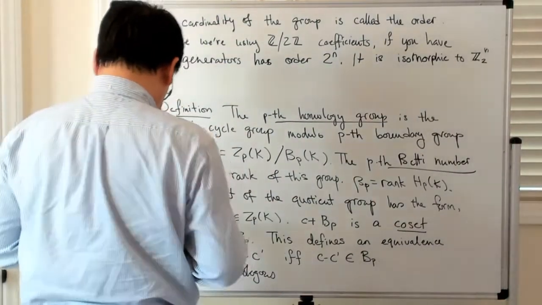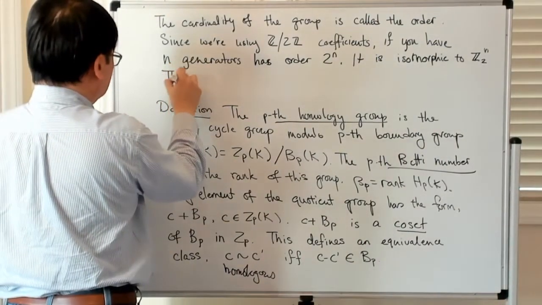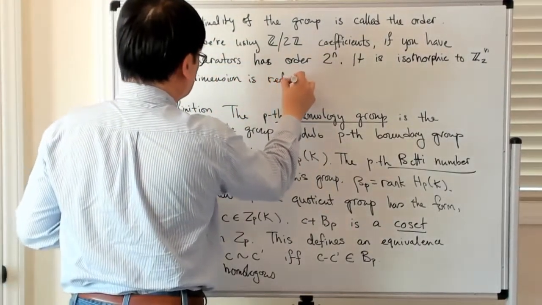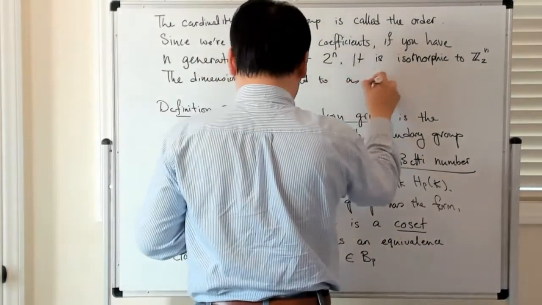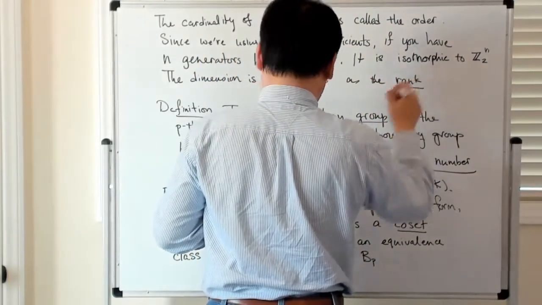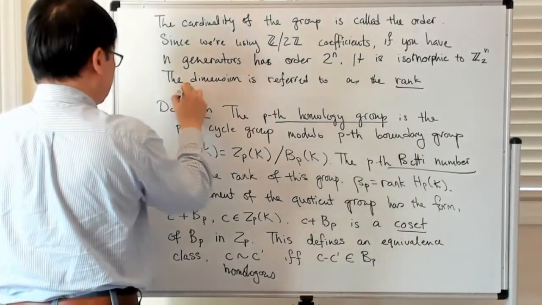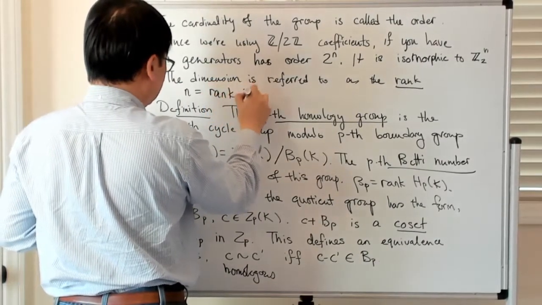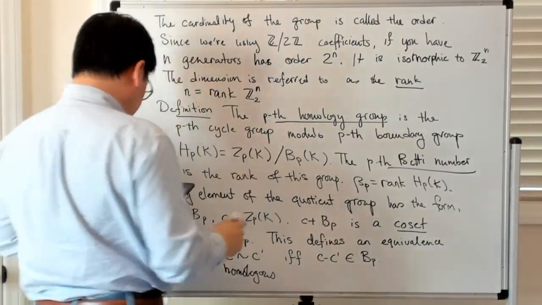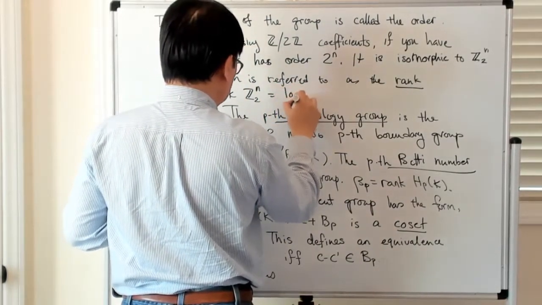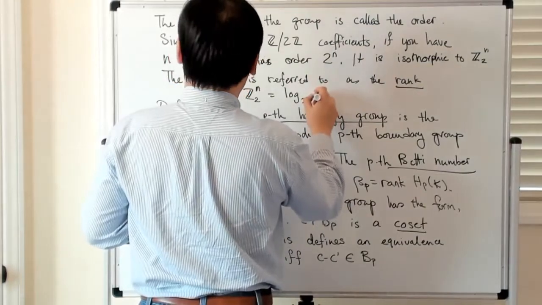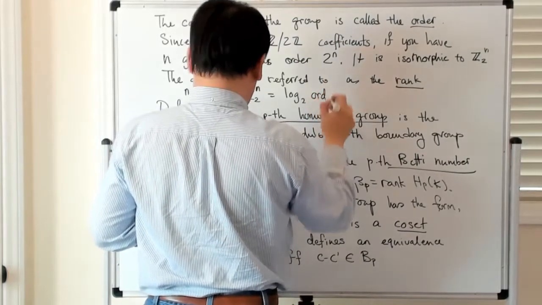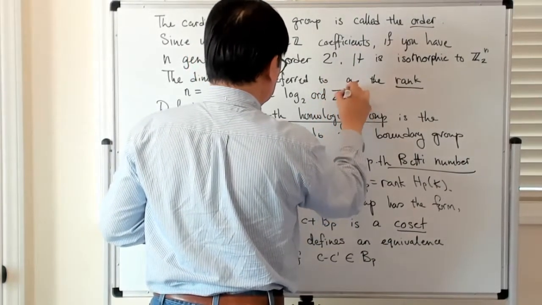So the dimension, if you will, of this space is referred to as the rank. I denote that by n. N is equal to the rank of the Z mod 2 to the n thing, which is the log base 2 of the cardinality or the order. So let's call it the order of Z2 to the n.